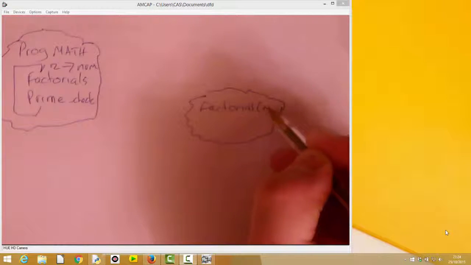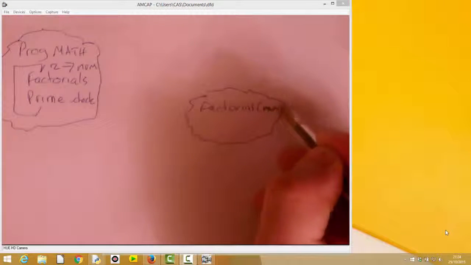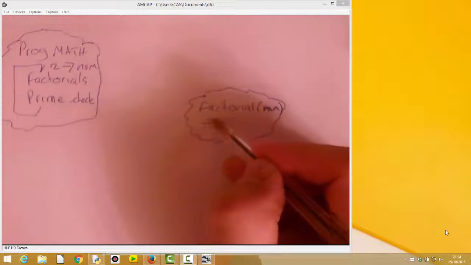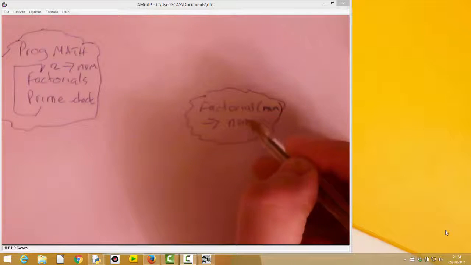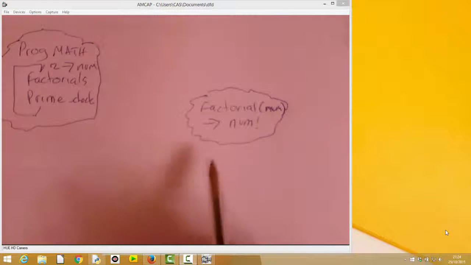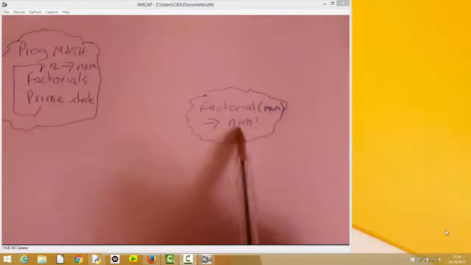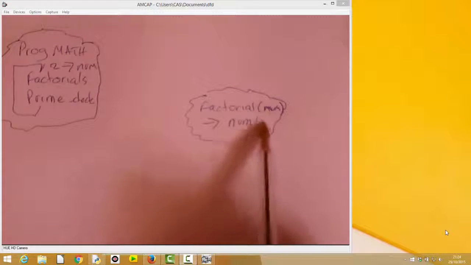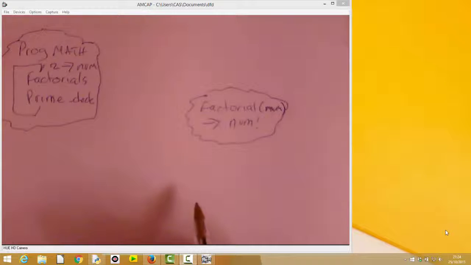So I need to work out the factorial of a particular number, and this block of code should return the factorial value of that number. So that's pretty straightforward. I give this subsection a particular number, and that goes and works out the factorial for me, and it returns the factorial of the number.